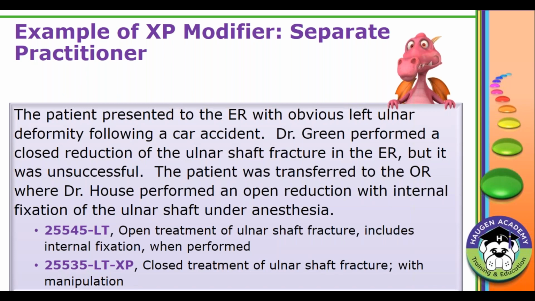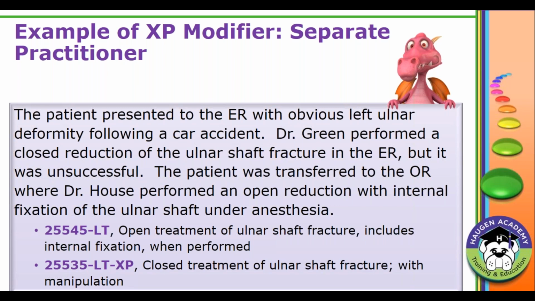An example of a separate practitioner, the XP modifier. Patient came into the ER with obvious ulnar deformity following a car accident. Dr. Green did a closed reduction in the ER, but it didn't work. And remember, we still code it, even though it was unsuccessful, because we still did the procedure. Then the patient went to the OR where Dr. House did an open reduction with internal fixation.